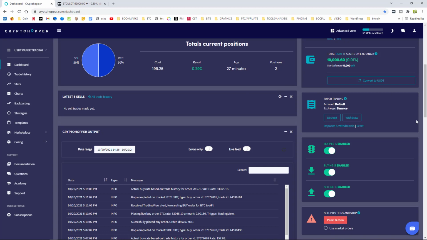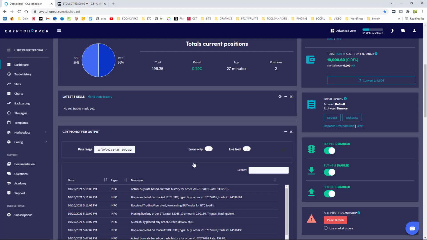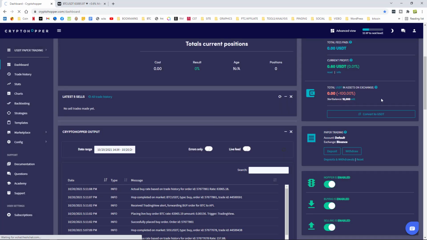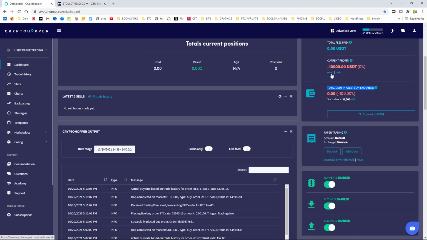However, I am going to reset the bot and start fresh for the purposes of this demonstration. Now as you can see, we need some money in there. Reset that. Need to deposit.